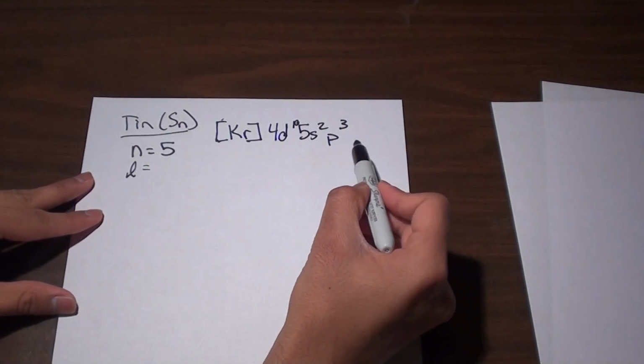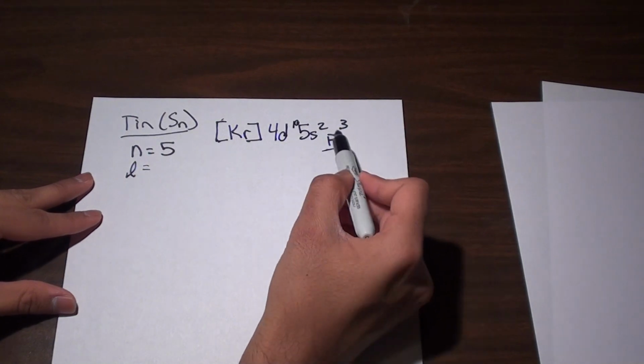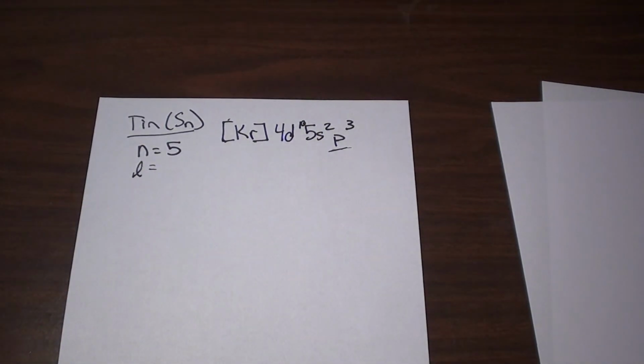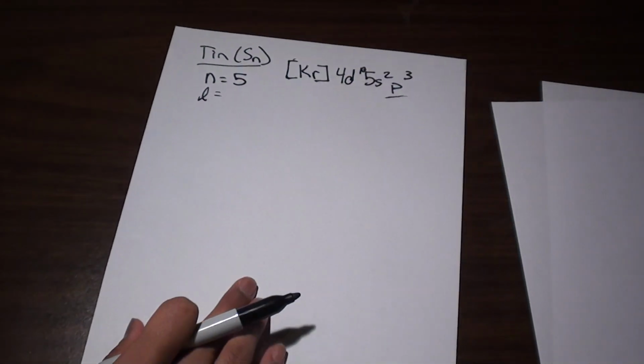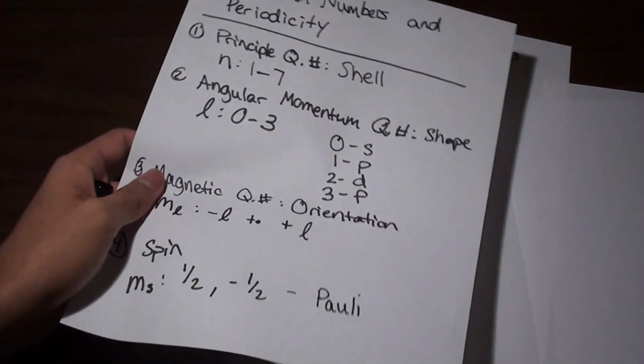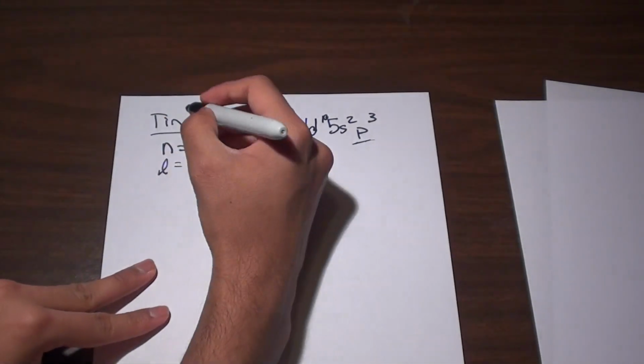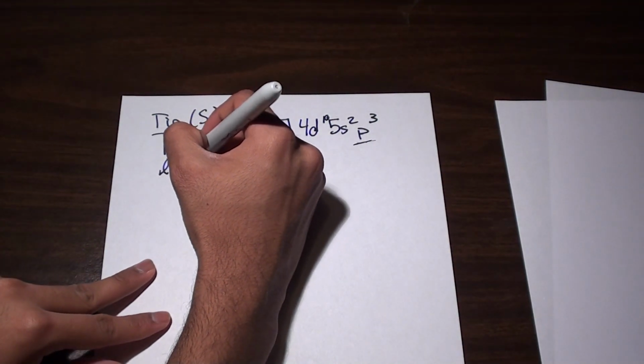As you can see simply from this right here, the last electron falls in the p orbital. So as we can see from our other sheet, the p orbital is given the angular momentum quantum number 1.